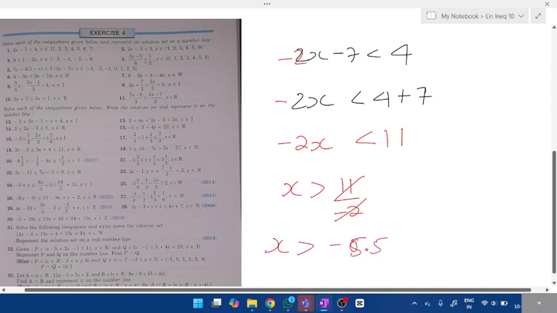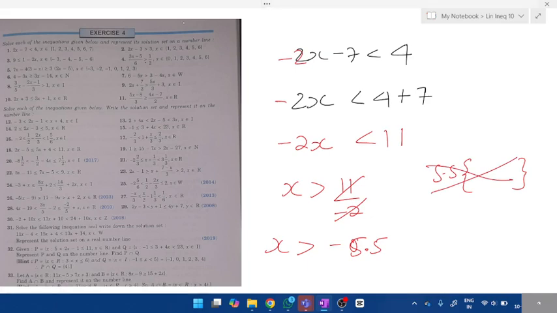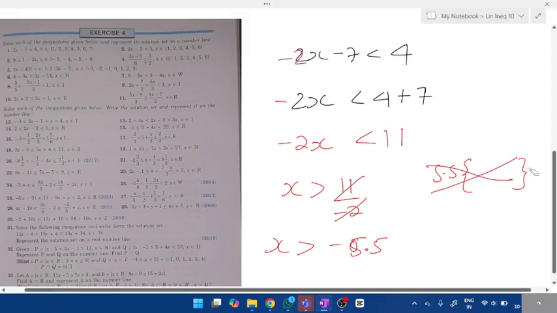In the solution set, what is the answer? Greater than -5.5 is given, but the solution set is different because I changed the question. Understood how the values and the sign change? Okay, your answer was right.